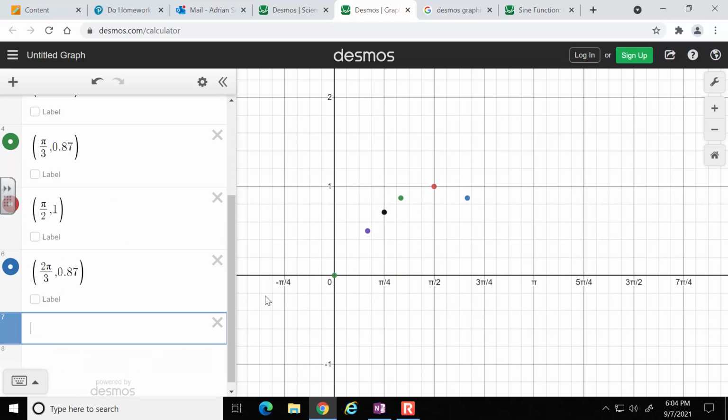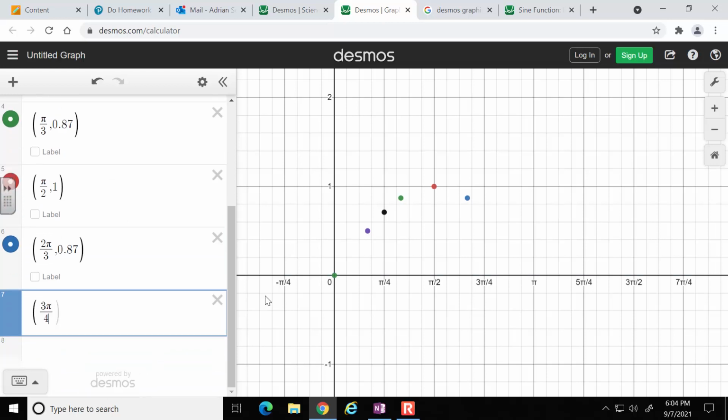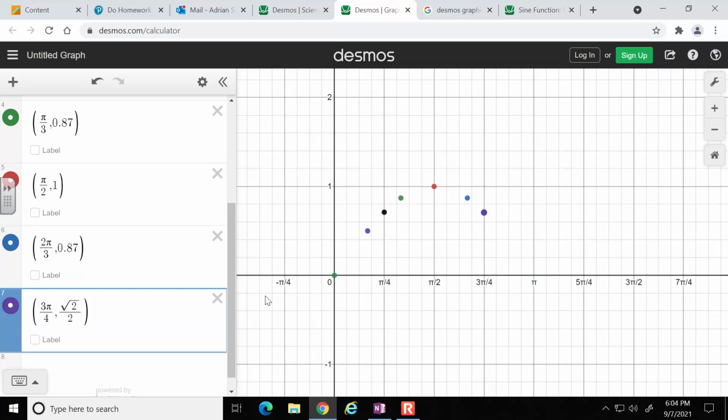And let's see, we did 3 pi over 4, square root of 2 over 2. Okay, so you can plug those in directly in Desmos too. You don't have to give decimal answers.